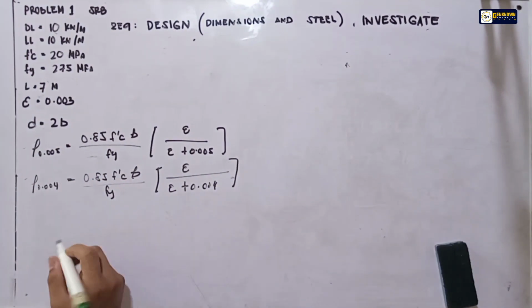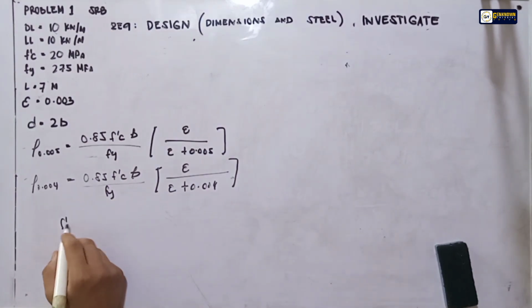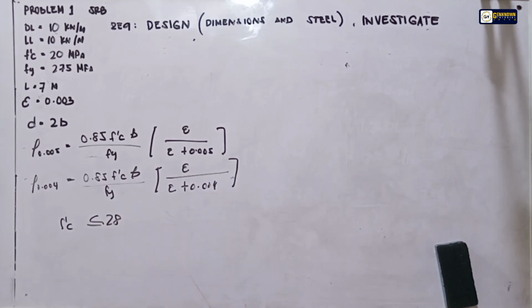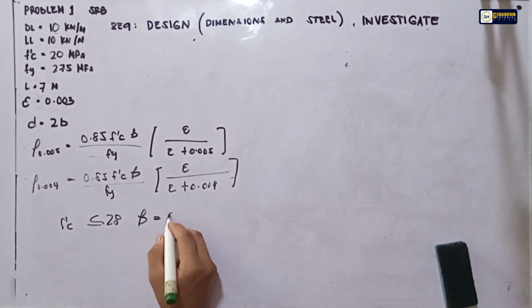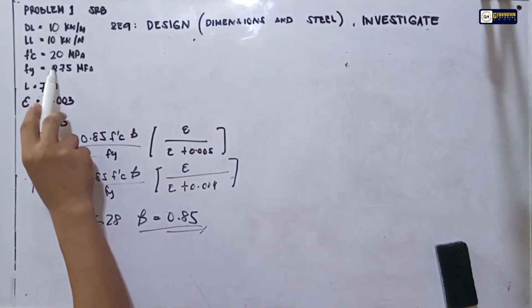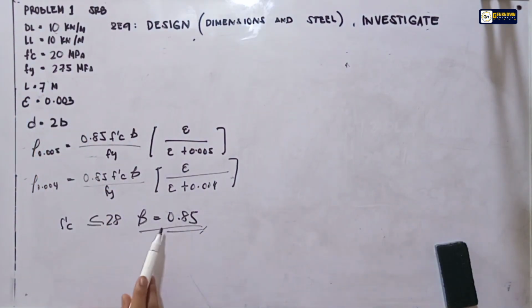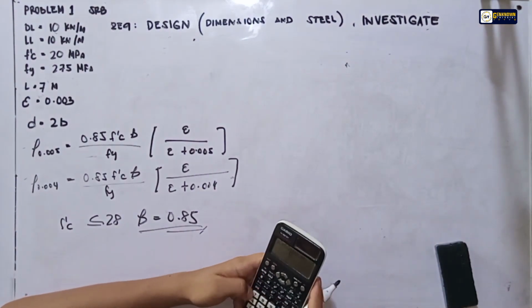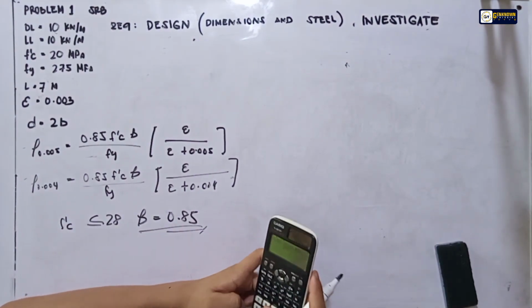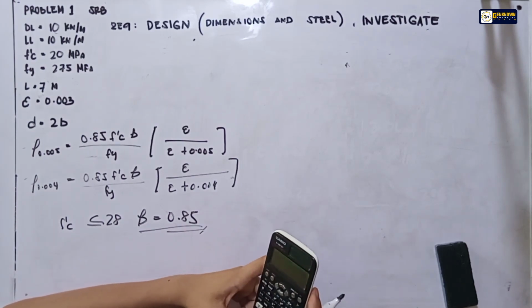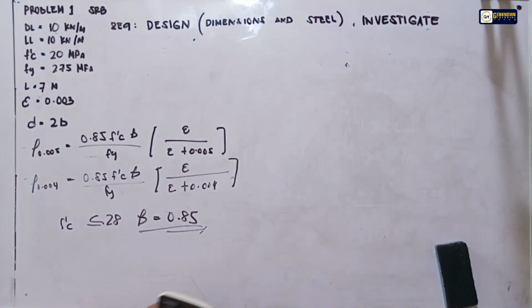By the way, ang beta natin, if ang F prime of C natin is less than or equal to 28, ang beta natin is equal to 0.85. Okay, constant na yan. Since ang F prime of C natin is 20, we will be using beta equal to 0.85. Okay, 0.85 multiplied by 275 multiplied by strain is 0.003 over 0.003 plus 0.005.